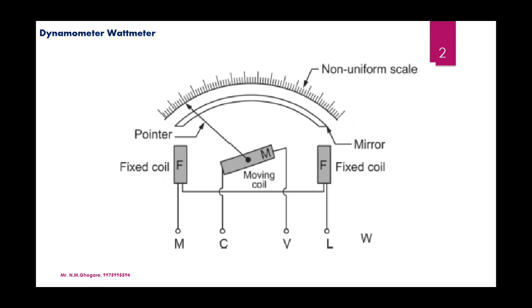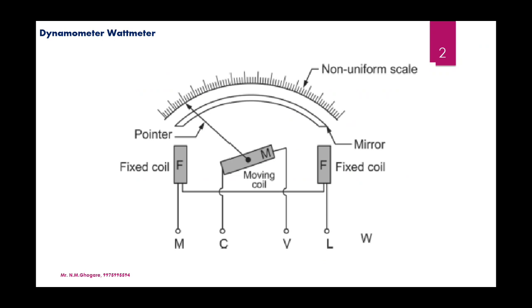Air friction damping is used to produce the damping torque. The scale of the dynamometer type wattmeter is non-uniform and is equipped with a mirror and knife edge pointer to minimize the error due to parallax. The scale shown in the figure is a non-uniform scale.